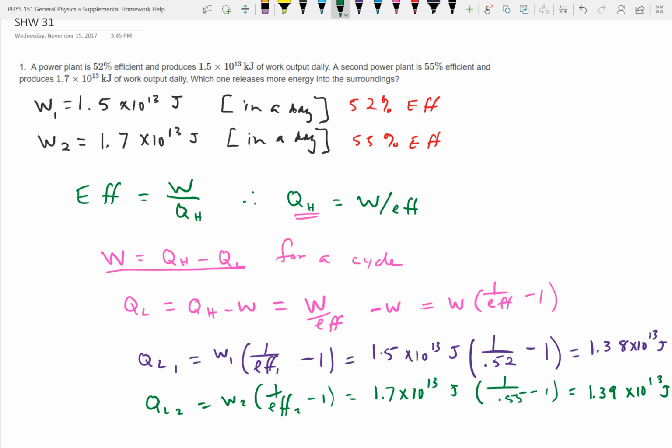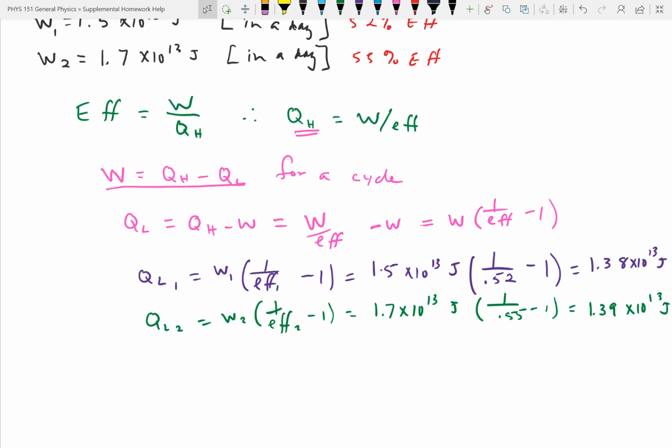Their answer rounds to one digit, so it has them as the same. Or one digit rounds to 2, because we only have 2 sig figs, and so it has them as the same. And they are, to correct sig figs, the same. When it says which one releases more, you expect them to actually say this one or that one. But the answers are.